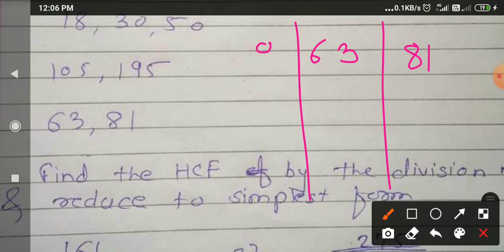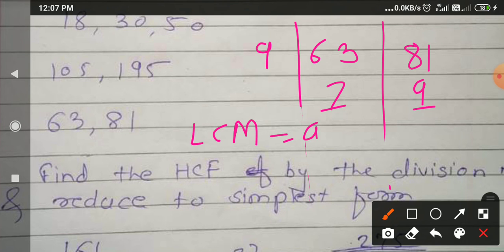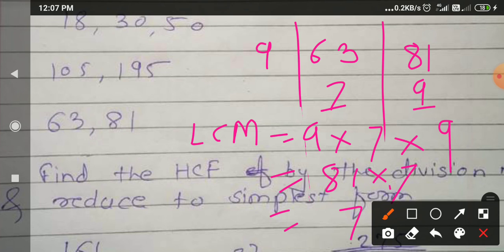If I take 9, then 9 7s are 63 and 9 9s are 81. 7 is a prime and 9 is a composite number, and that's why they are not present in any table. The HCF is 9 and the LCM is 9 into 7 into 9. 9 squared is 81, into 7: 7 1s are 7 and 7 8s are 56, so 567. So the LCM is 567.